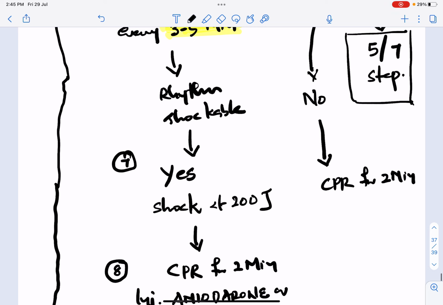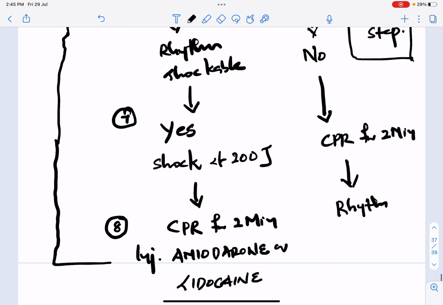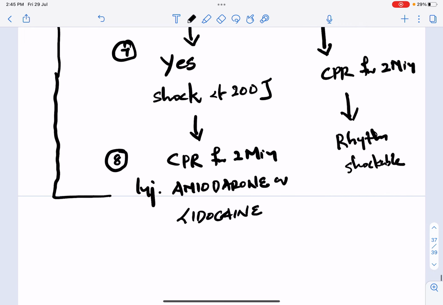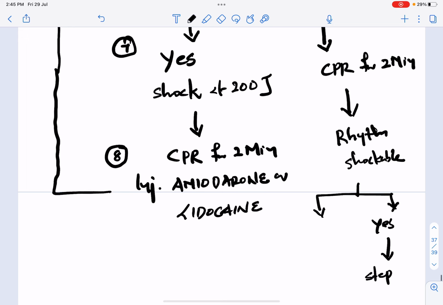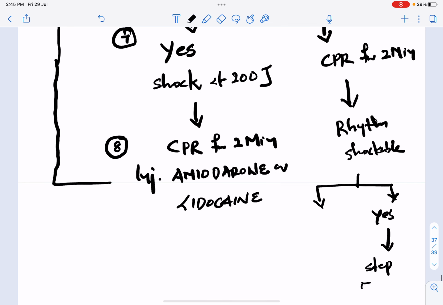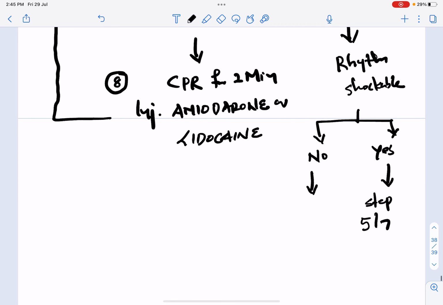Okay, again watch for rhythm. It is shockable or not. If it is yes, go to step 5 or 7. If it is no, you have to continue until ROSC.